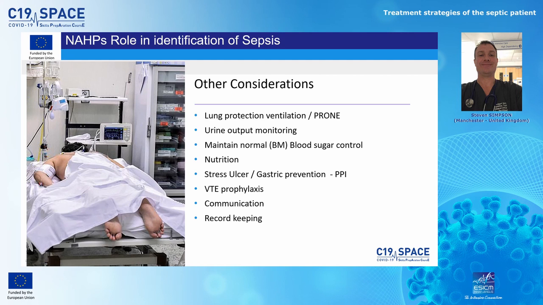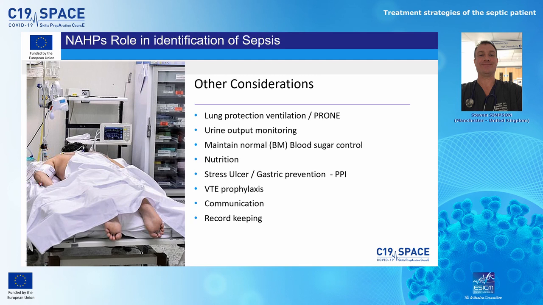Patients with sepsis may have a raised blood sugar. To help with antibiotics and managing infection, blood sugars should be kept within normal limits. Patients can become catabolic quite quickly and need a high calorie intake so they can recover from sepsis.